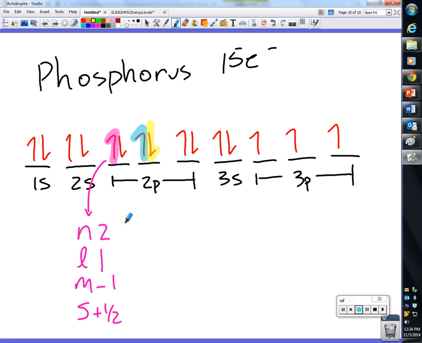L is 1, M can be like -1. It's the same thing. I think M would be different.